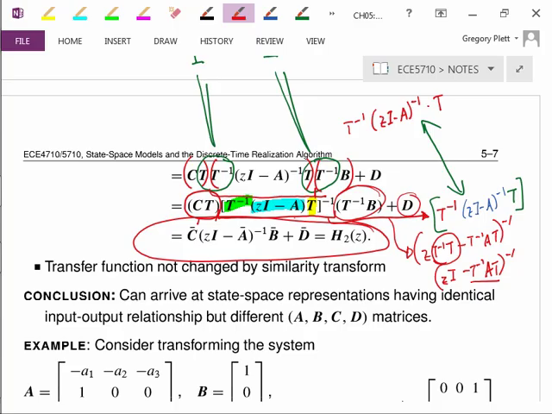So we conclude that the transfer function of our model is not changed by a similarity transformation. And since there are an infinite number of n by n invertible matrices T, there's actually an infinite number of state space representations that describe some system equally well.